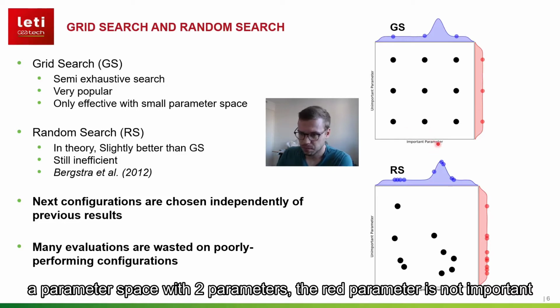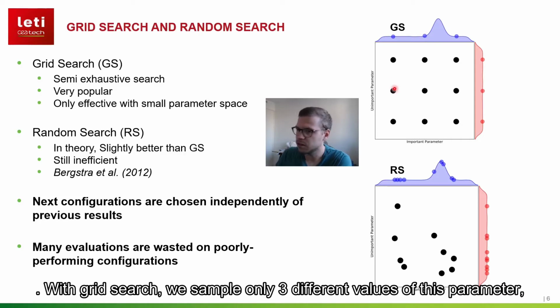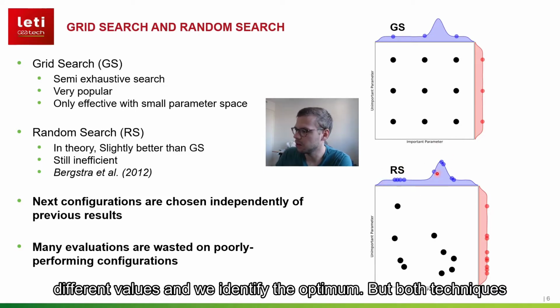So the red parameter is not important, and the blue parameter is important, and there is an optimum right here. With grid search, we only sample 3 different values of the blue parameter, and we miss the optimum. And with random search, we sample 9 different values, and we identify the optimum.